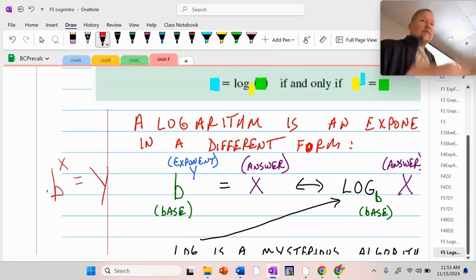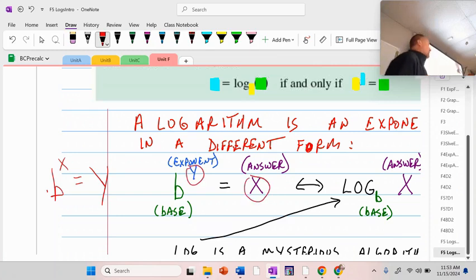Switch x and y. Got it? So here's the purpose of a logarithm. It is a magical mathematical algorithm that allows you to switch positions on an exponential function. That is it. There is no walking out of here saying, I don't get it.